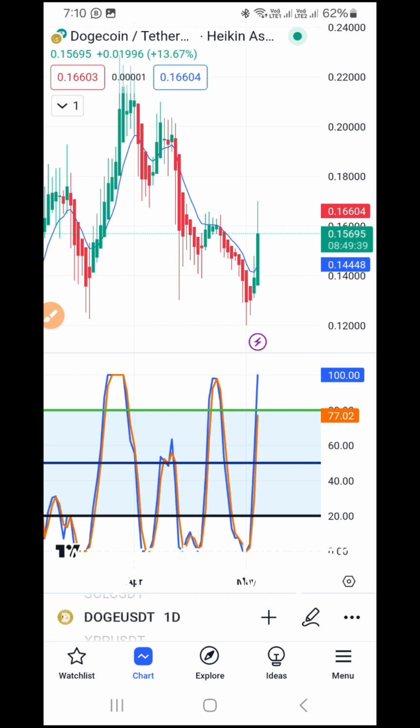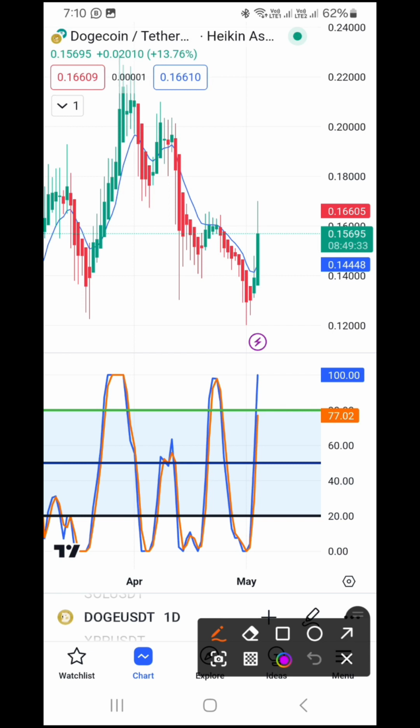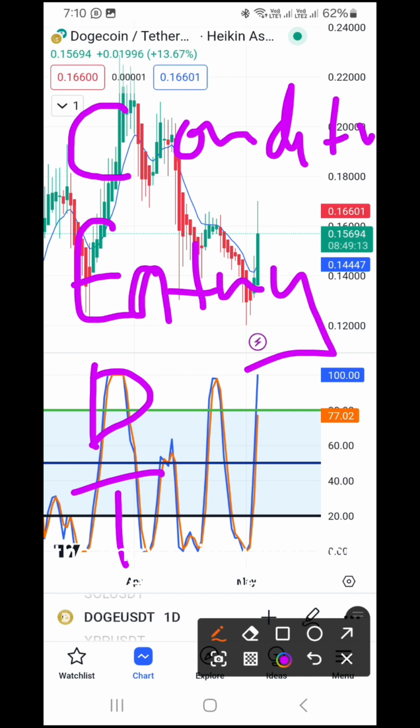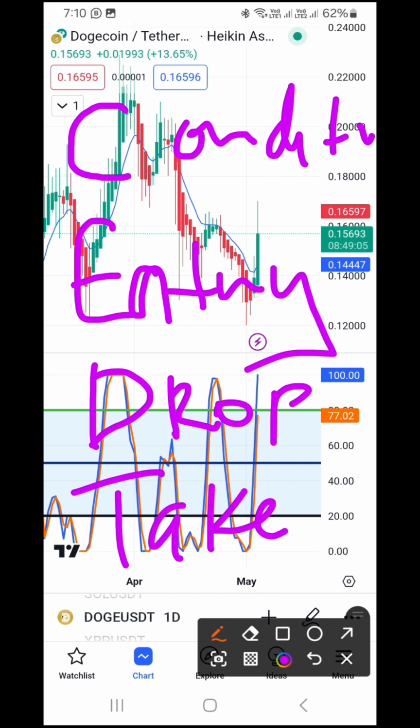I want you to follow my strategy which I gave you, and the strategy is called CEDT, which stands for conditions, the entry point where you enter the trade, then your drop, call drop, and then you take profit. Okay, so that is the formula I want us to use when we are getting the signal.